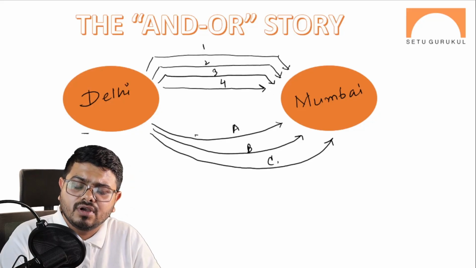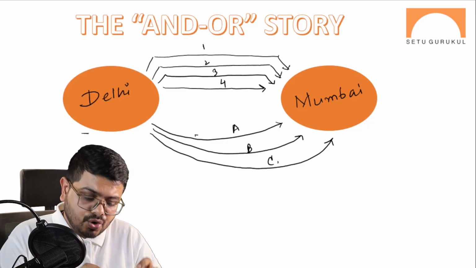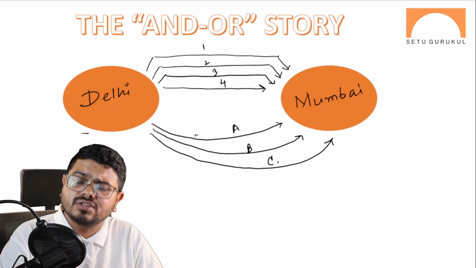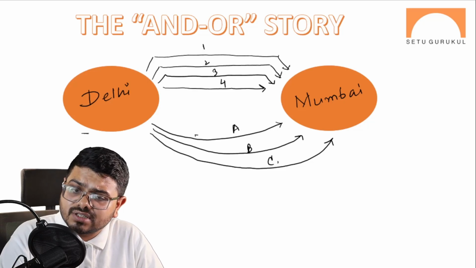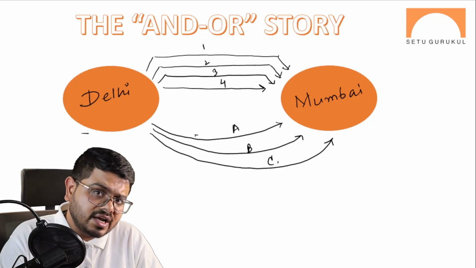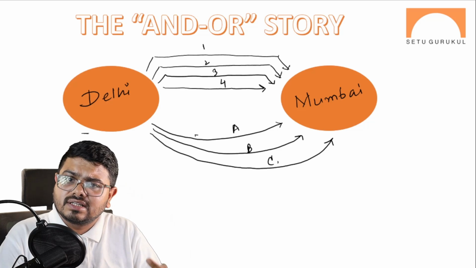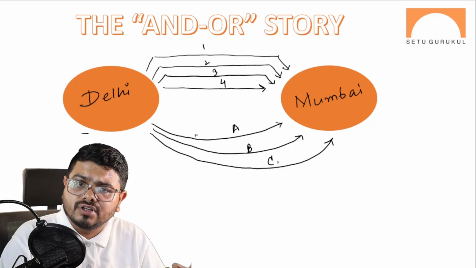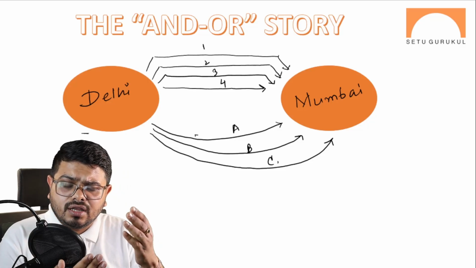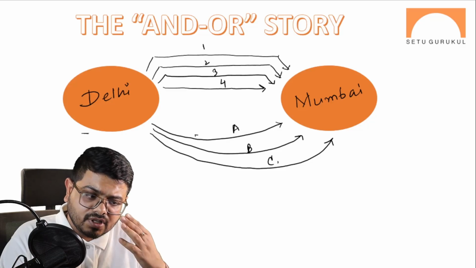Not at all. So over here, we are encountering a situation which has a conflict with respect to time and has a conflict with respect to space. So when you are traveling from Delhi to Mumbai by a flight, it automatically tells that you are not opting for the train, and it is practically not feasible for you to be on the flight and in the train at the same time, right?